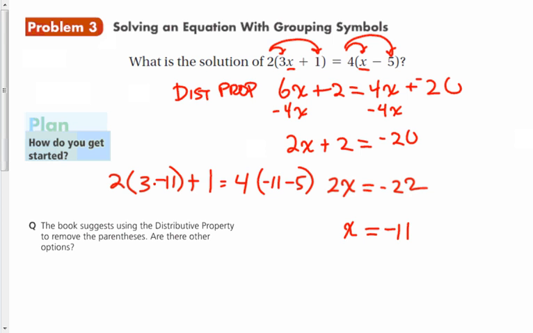And this is 2 times negative 33, which is negative 66, plus 1 is negative 65. And hopefully that equals the other side. Negative 11 minus 5 is negative 16. Multiply that by 4, we get negative 64.